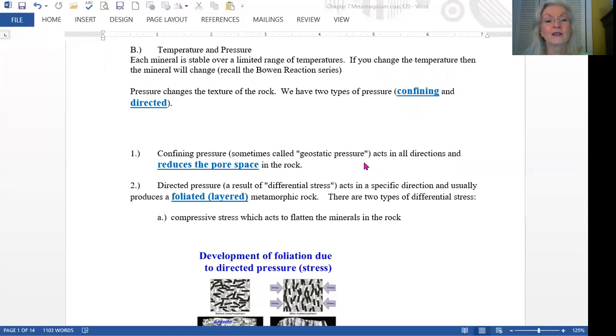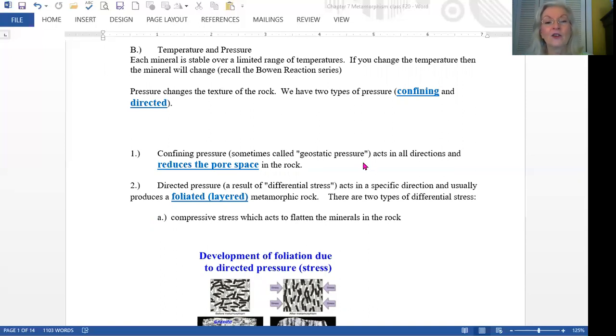Directed pressure is different. Directed pressure, sometimes called differential stress, means that you have greater pressure in one direction compared to another. So if I only squeezed in from the sides, that's directed pressure. Or if I only squeezed from top to bottom, that's directed pressure.